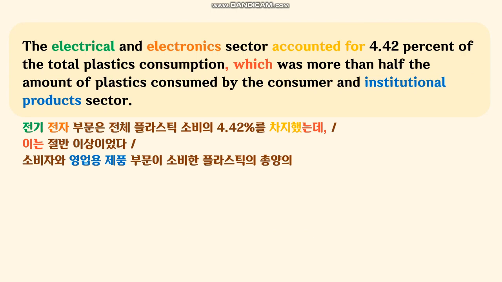Electrical 전기, electronics 전기와 전자 부문은 account for 무엇을 차지하다. 뒷덩어리부터 갈까요? 전체 플라스틱 소비의 4.42%를 차지를 했는데, 컴마 위치니까 뭐뭐 했는데 그것은 which was more than half the amount of plastics consumed by the consumer and institutional product sector.